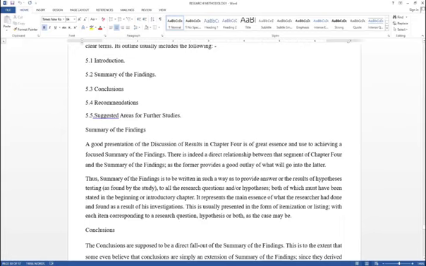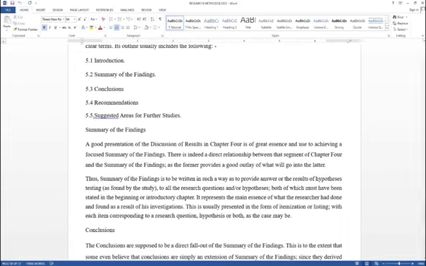It represents the main essence of what the researcher has done and found as a result of his investigation. So the whole summary is telling us the main essence of what you have actually done, the essence of why you went into this research in the first place.